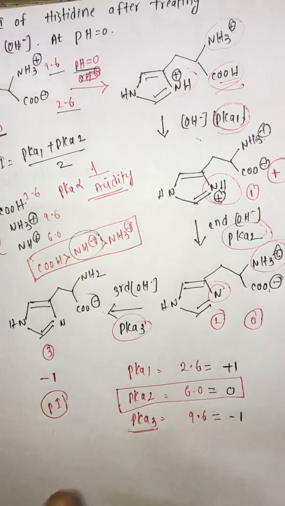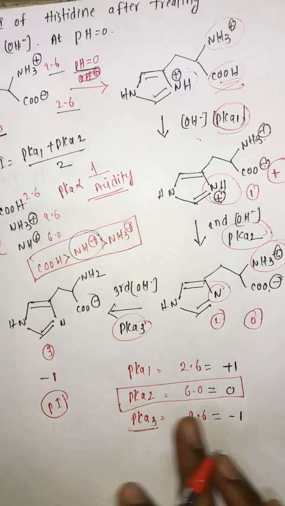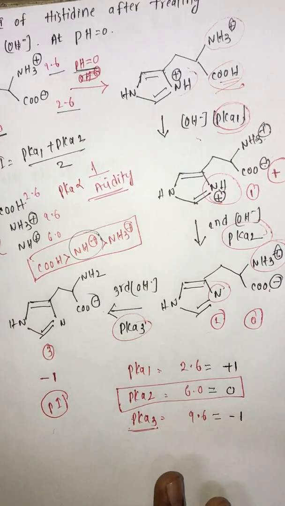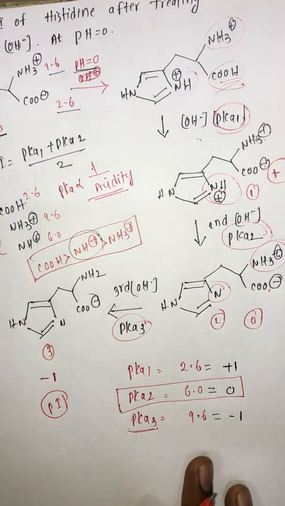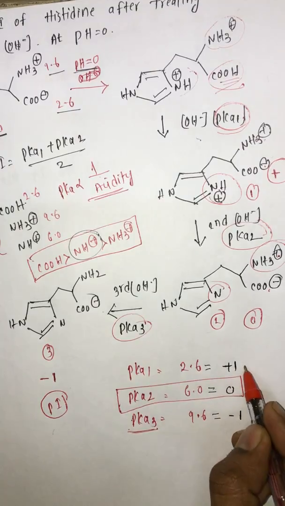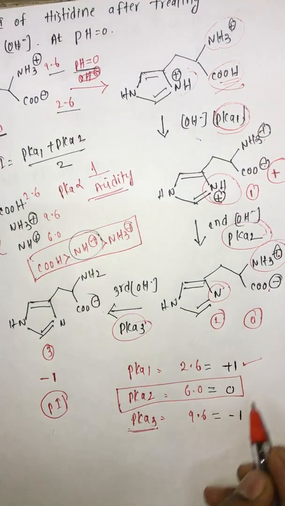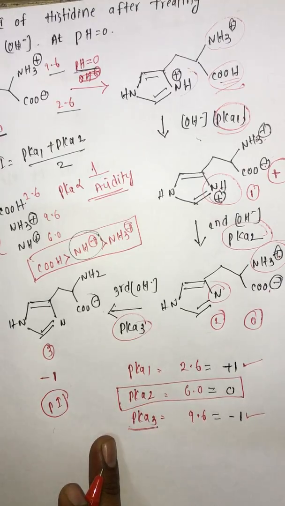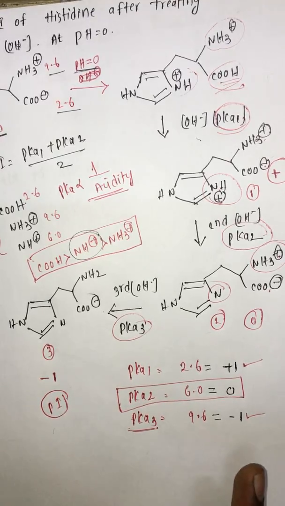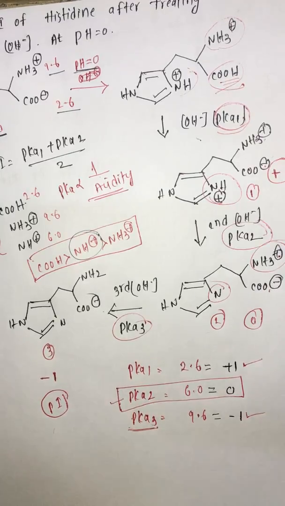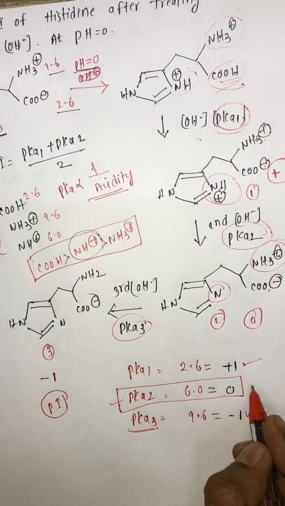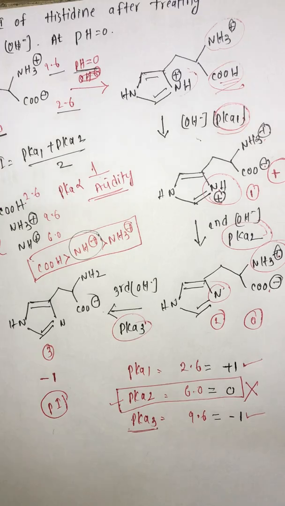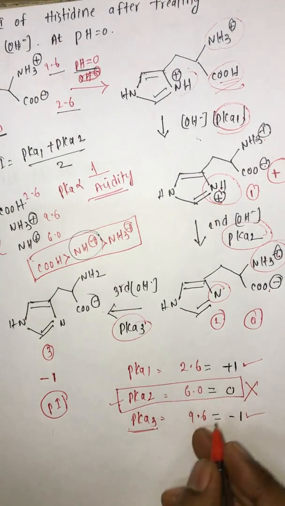So if the net charge is 0, we cannot use that pKa to calculate the isoelectric point. So we can use this one as well as this one, because both pKa values have some net charge. Whereas pKa2 doesn't have any net charge, so we cannot use it to calculate the isoelectric point. Now we have only two pKa values.